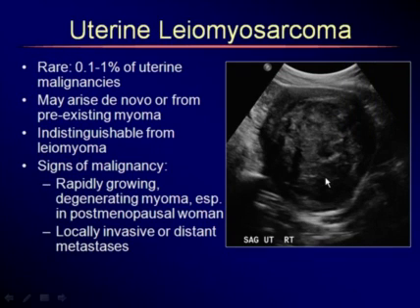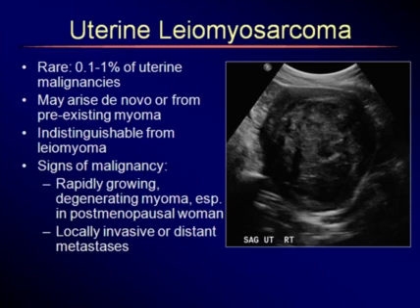The worst tumor that can occur in the myometrium is the leiomyosarcoma. It's very rare. It may arise de novo, or it can arise in a pre-existing myoma. It's indistinguishable from a leiomyoma.